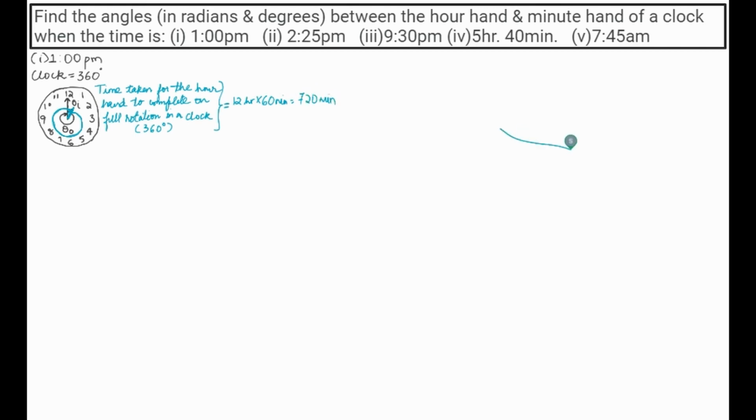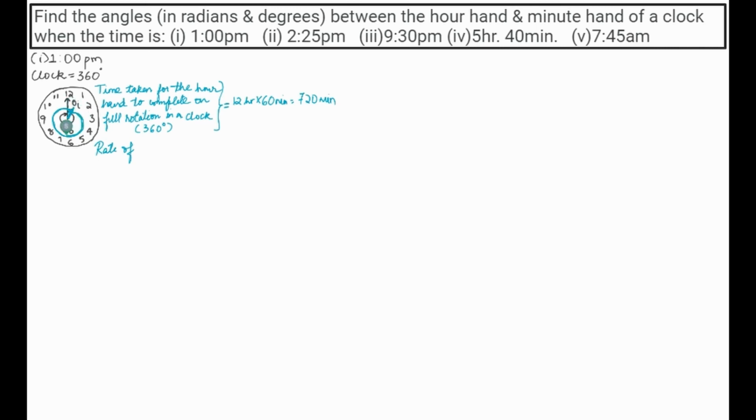So next, let us find out the rate of movement of the hour hand. For that, we simply divide 360 degrees by the time taken for the hour hand to complete one full rotation in a clock, that is 720 minutes.